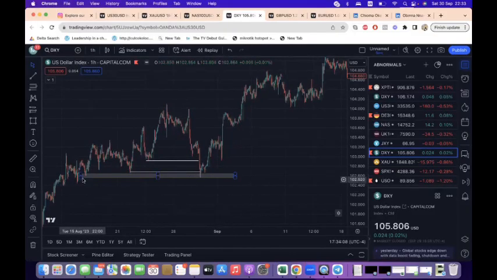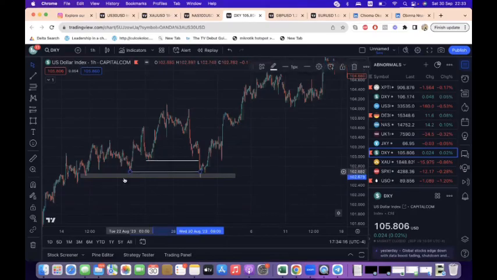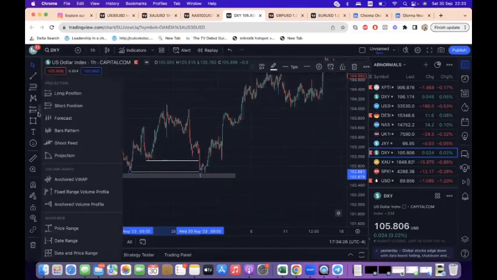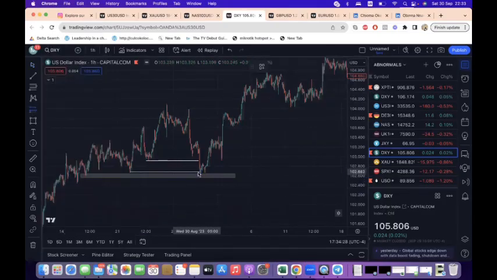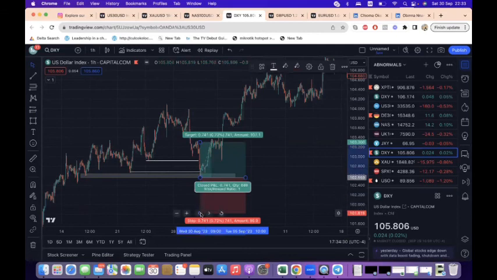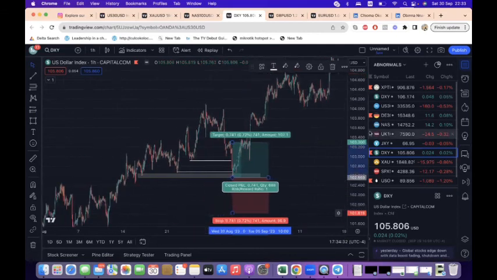She came to pick the next point. So this was your inducement. This was your engineered liquidity, just to make us enter here as a point of interest. And then she came to the next one and voila, she took off from here. Stop loss would have been here. So this is what would have been the case for a long position.